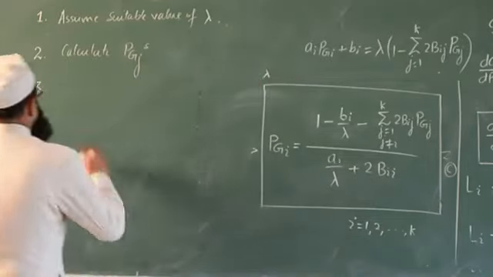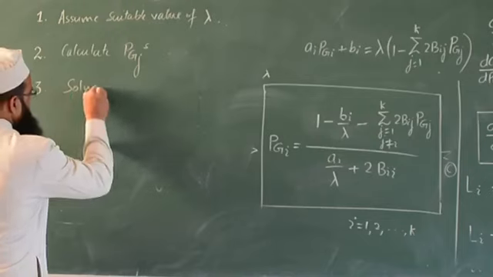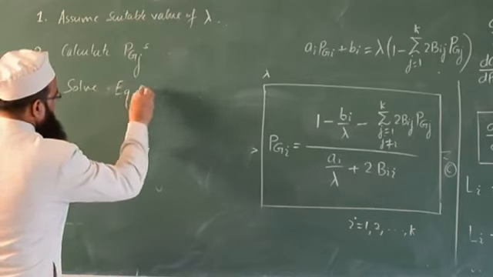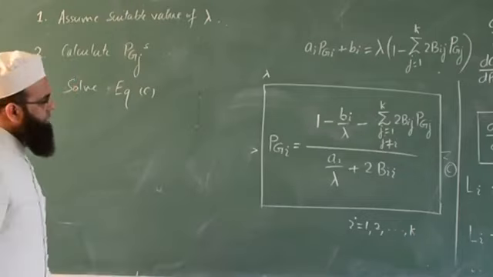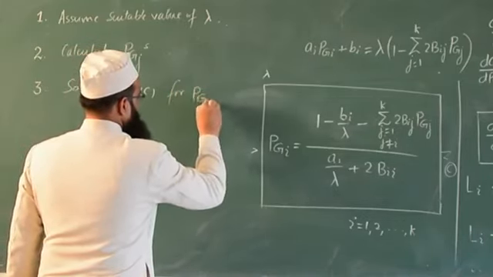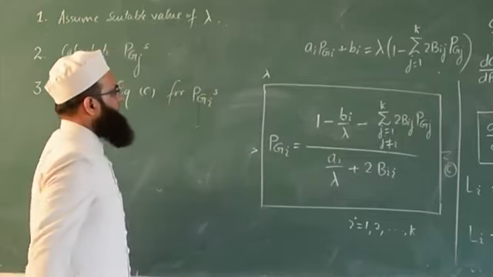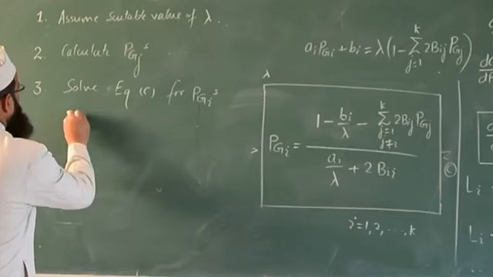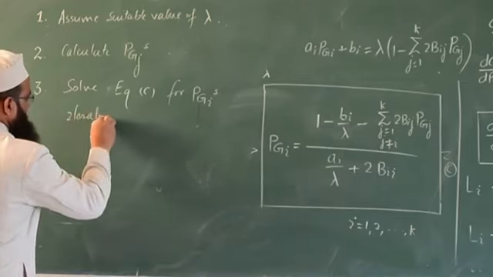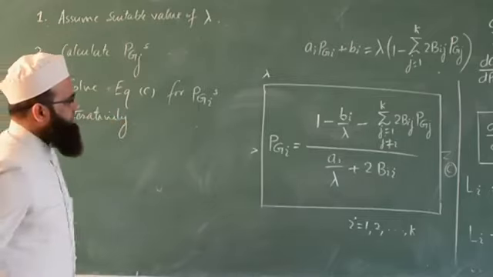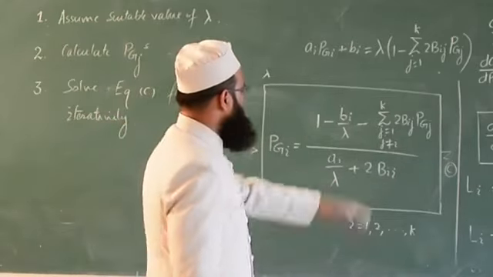So solve equation C for PGIs, i is equal to 1, 2, 3, 4, 5, iteratively, which we have already discussed.